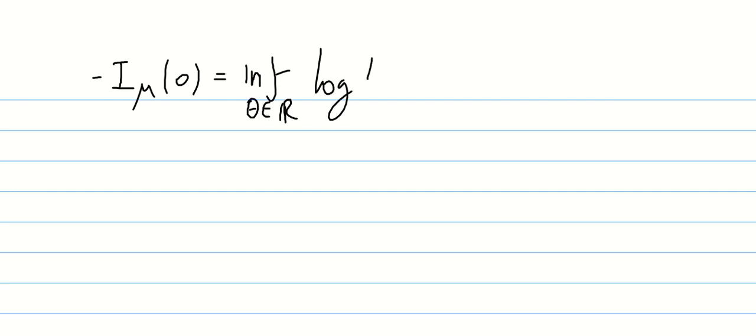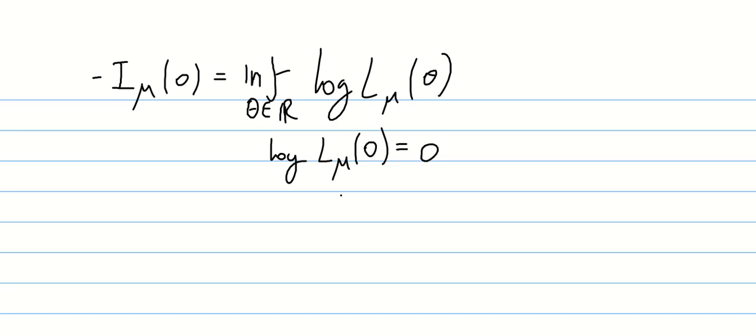So let's show that the minus rate function at 0 is negative. So this, as we saw, at 0 is the infimum over theta of log of the Laplace transform. Now let's look at this logarithm here. At theta equals 0, this is 0 because the Laplace transform is 1.